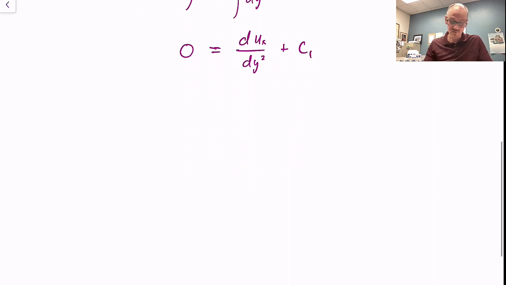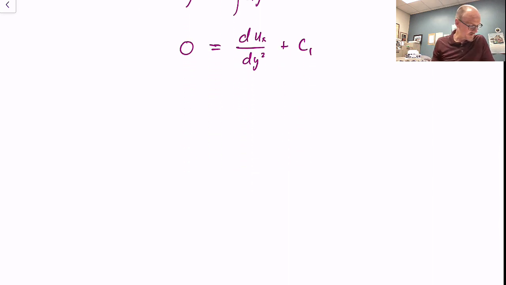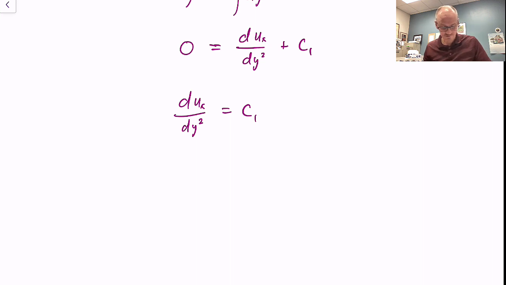Not to be confused with concentration, just a constant C1. And we can rearrange this a little bit, knowing that the C1 could have a positive or a negative, and it's still just a constant, so we can move it on the other side and write it like this. And then we're going to separate and integrate.